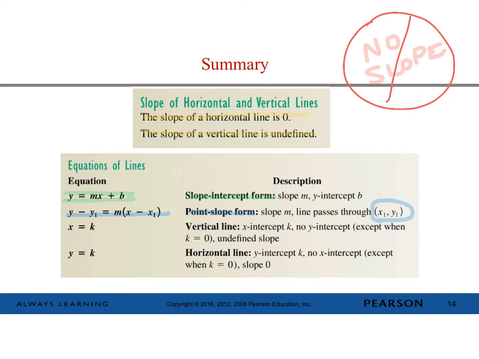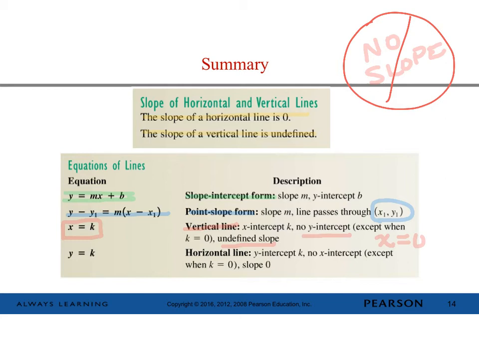Very importantly, we've learned that x equals k is a vertical line and it has undefined slope. It has no y-intercept except where k is equal to 0. So if you have the line x equals 0, what you have is the y-axis.